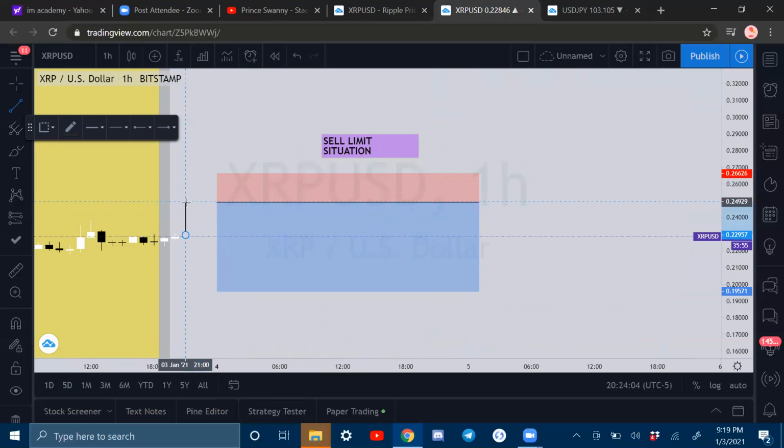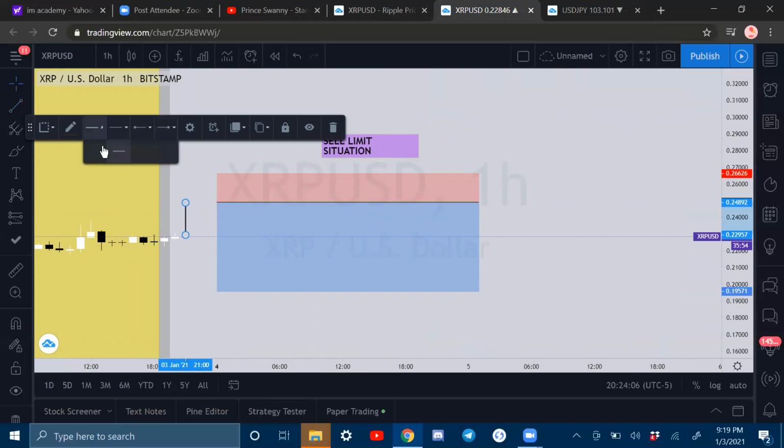comes, let me make this smaller. All right. So price is here at the moment. You see my dashed line right here. So let's say price is here. I'm looking to sell it here though at 24892.